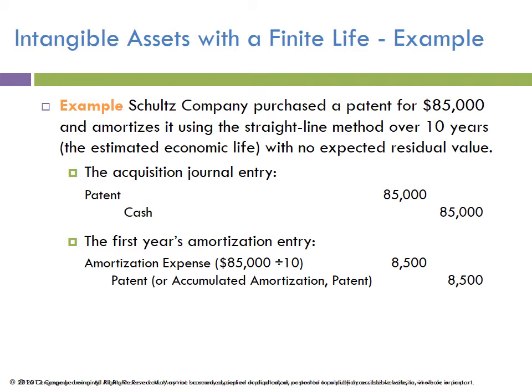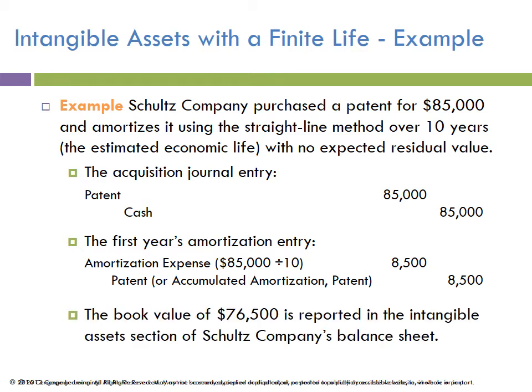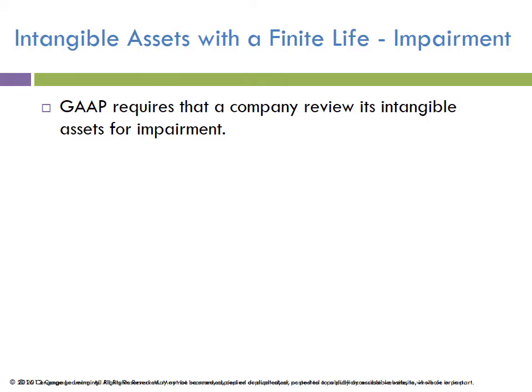You could either credit the patent asset account directly or set up a contra account called accumulated amortization patent, just like accumulated depreciation. The book value then of this patent would be the $85,000 minus $8,500, or $76,500.